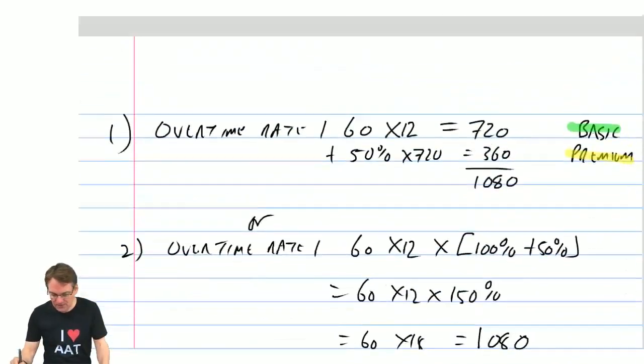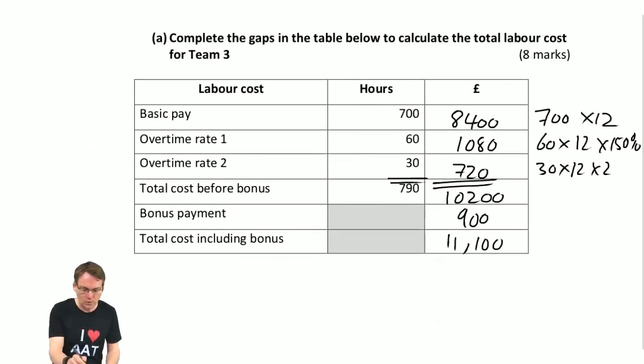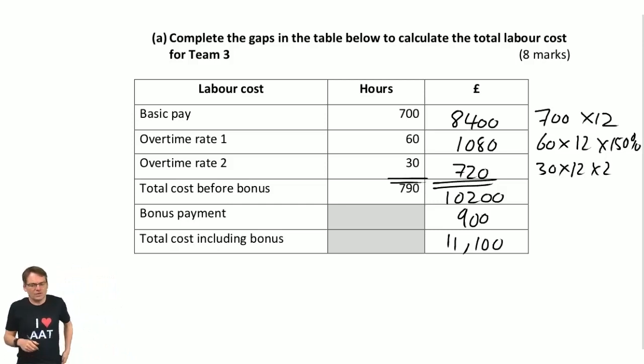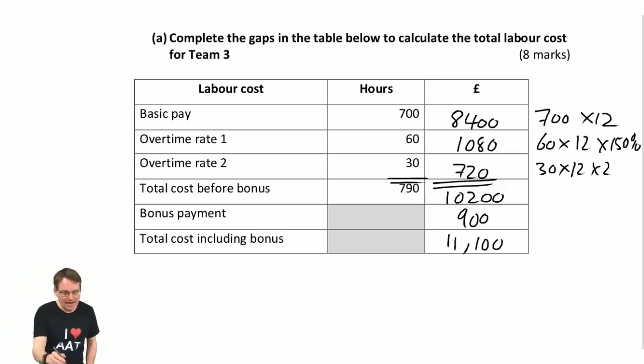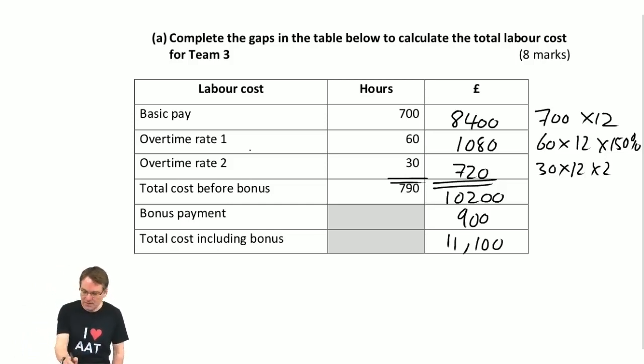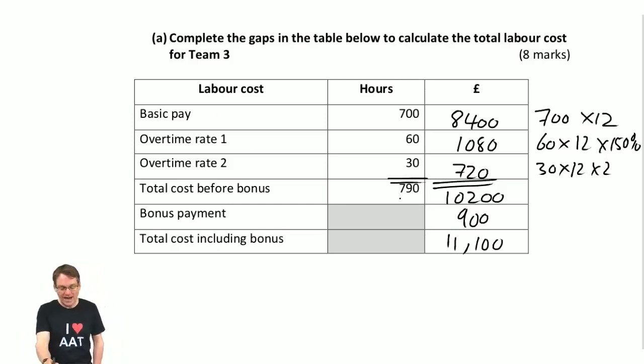So we've filled out part A. I don't think there's anything difficult there, but again, you just need to think about this. If it was to say, what's the basic pay, and then what's the premium, the basic pay would simply be all of the hours.